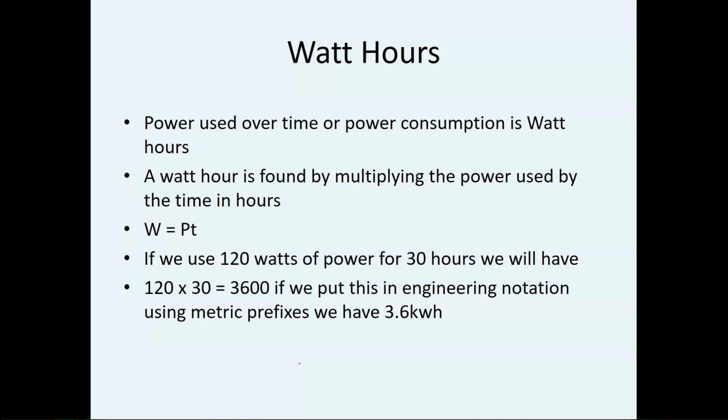So if we go back to something like a lamp in your house, and you use that lamp to stay on all day when you're away. So we'll say it's a 50-watt lamp. Use a W to represent watts. And let's say we leave it on for 8 hours a day. And we do this 7 days a week.